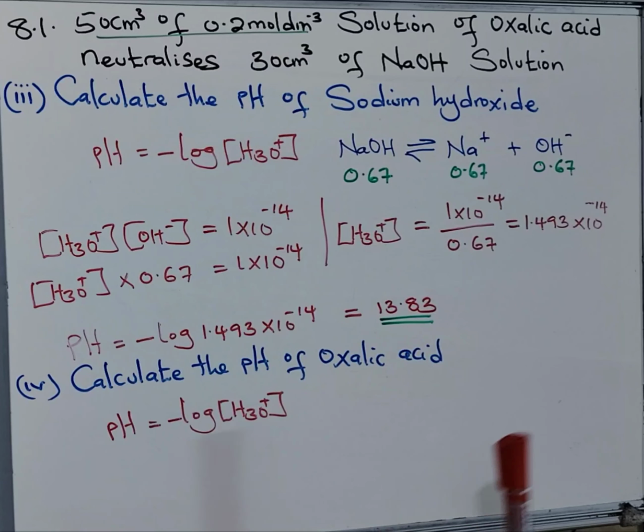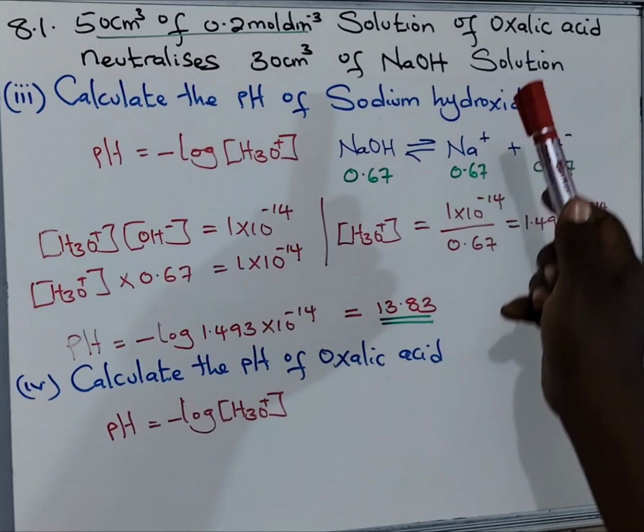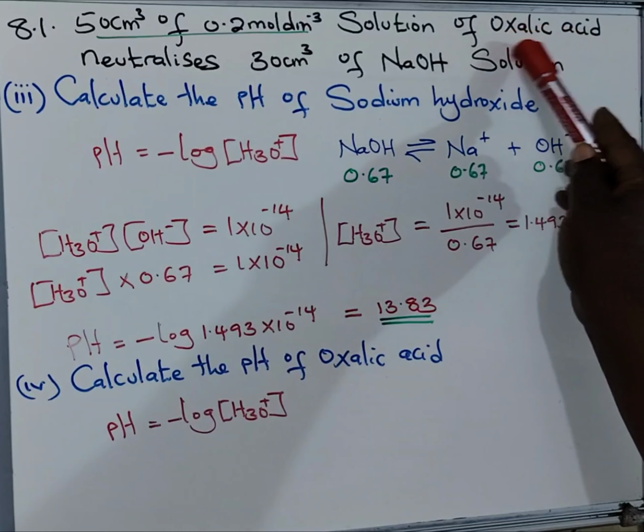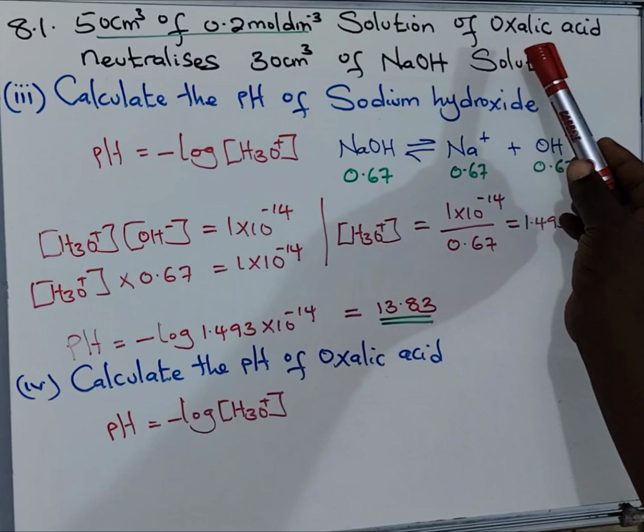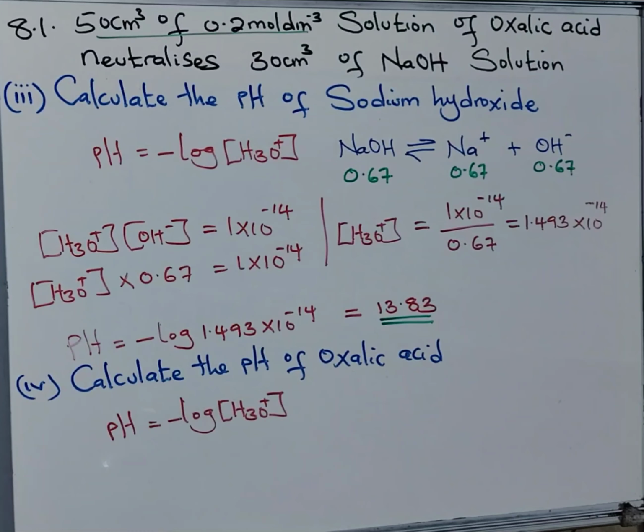Now here, our assumption is going to be an assumption, because when you go to higher levels, like at university, you realize that oxalic acid is not a strong acid, so it doesn't undergo complete ionization to release all the ions. So there is a trick there, but it's not addressed at this point. At this point, our assumption is that oxalic acid is completely ionized, which is defeating the meaning, but let's proceed.